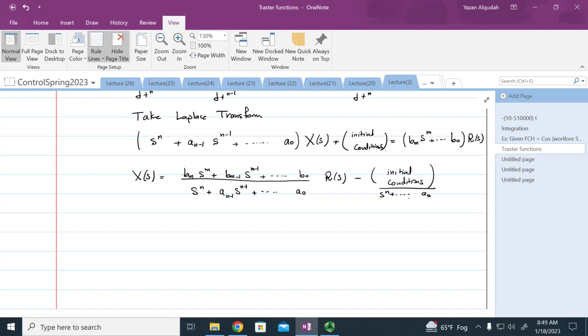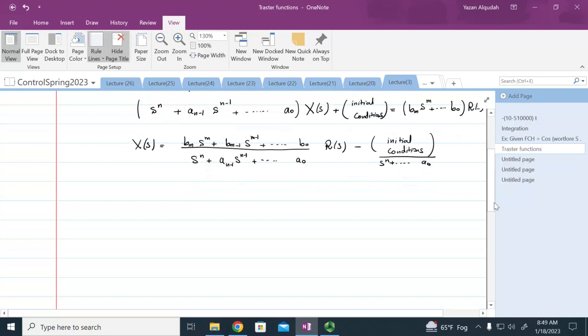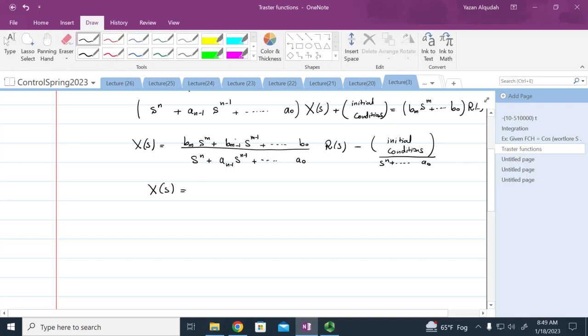Okay. Now I can write this as x of s. I'm going to take this expression that I have here and call it g of s multiplied by r of s. And all these terms, the initial conditions, I'm going to call them initial conditions of s.